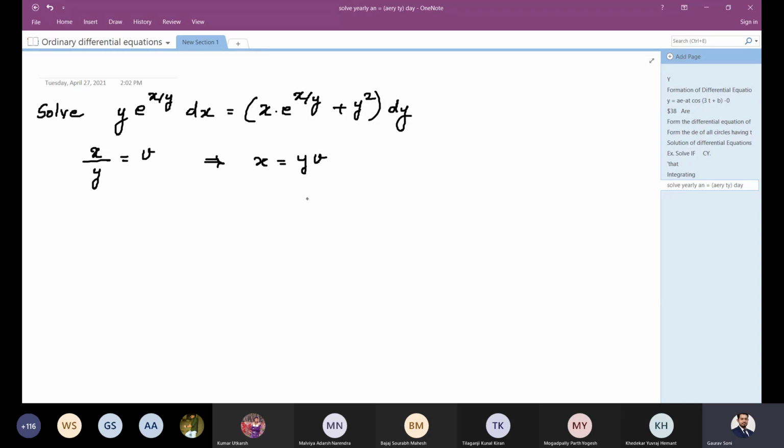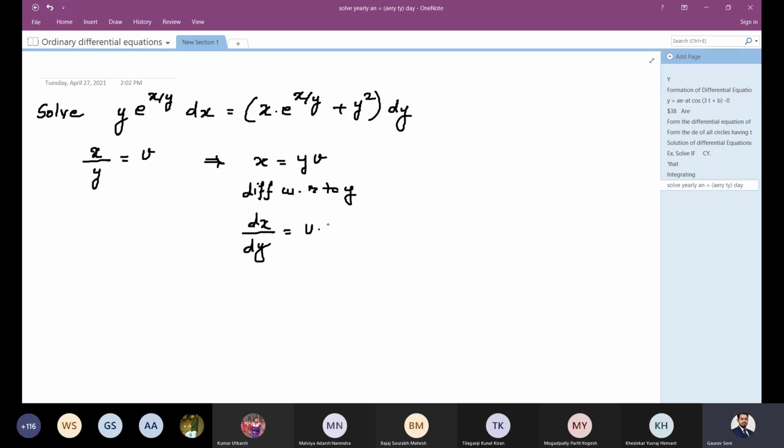Okay, so I will write it as x is equal to y into u and then differentiate with respect to x, or I can differentiate with respect to y. So this will be dx by dy is equal to, on the right hand side we will apply the uv rule.